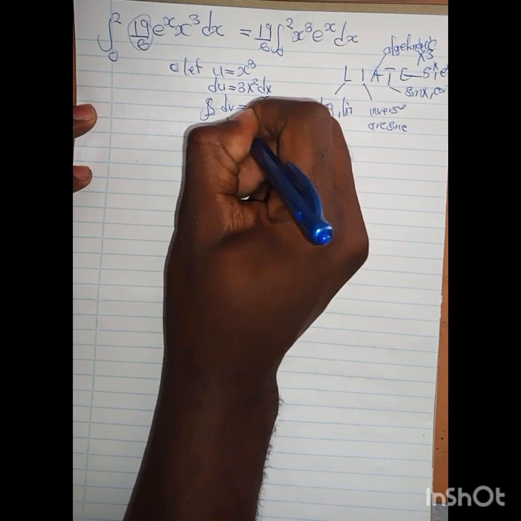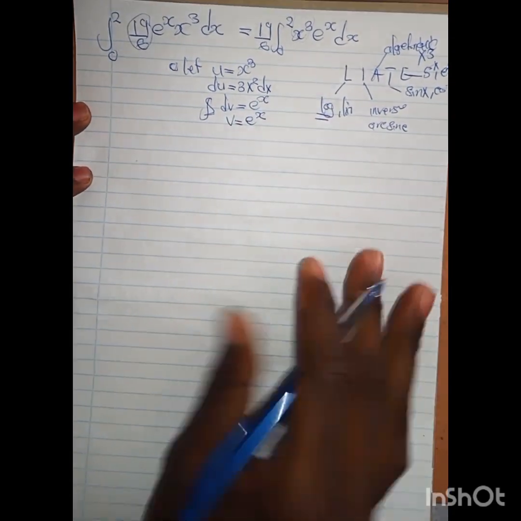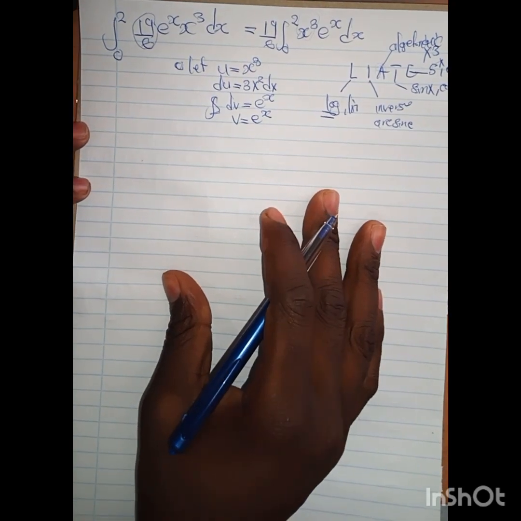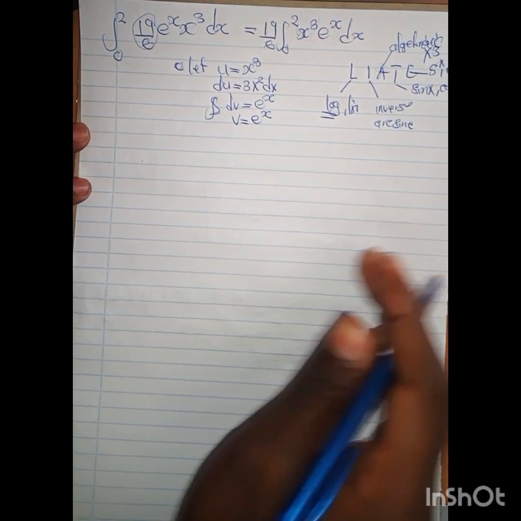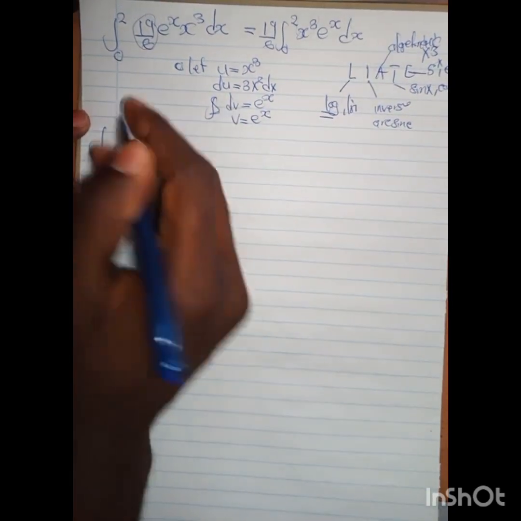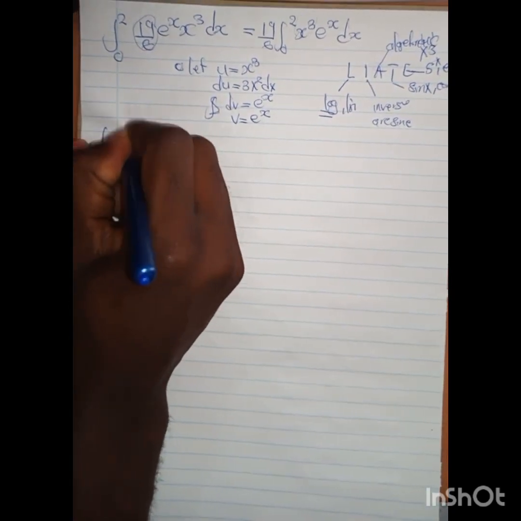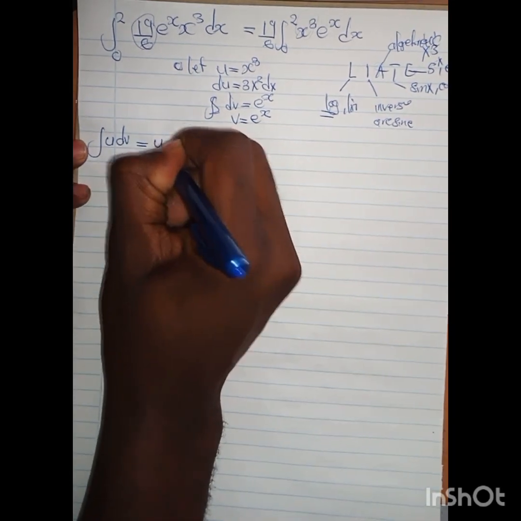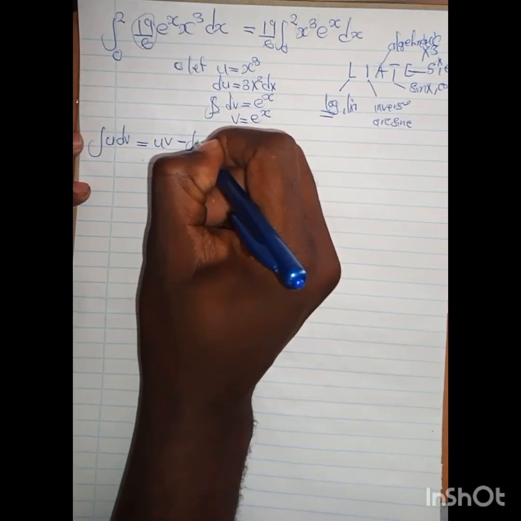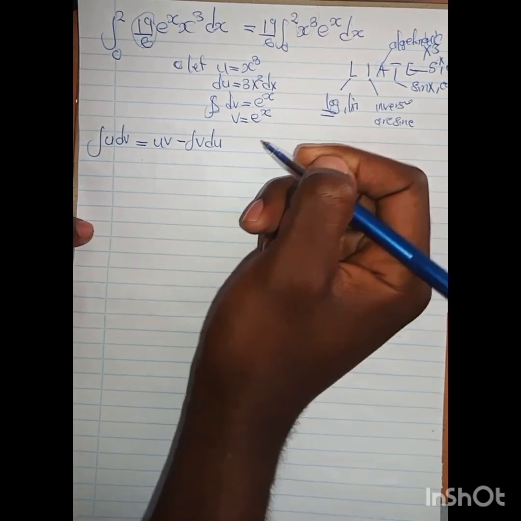Alright, then what is v? v is just e to the x, like that. So remember the rule for integration by parts. It says that the integral of u dv is given by uv minus the integral of v du, like this.